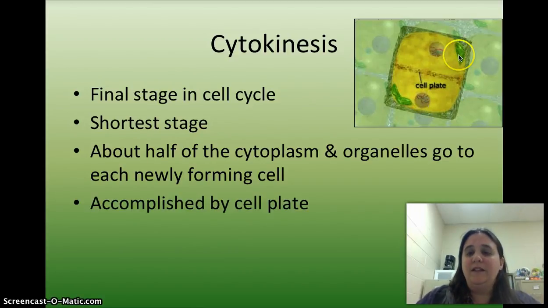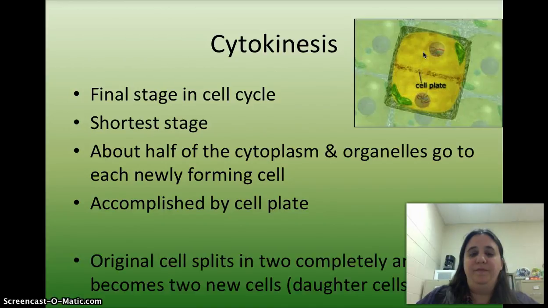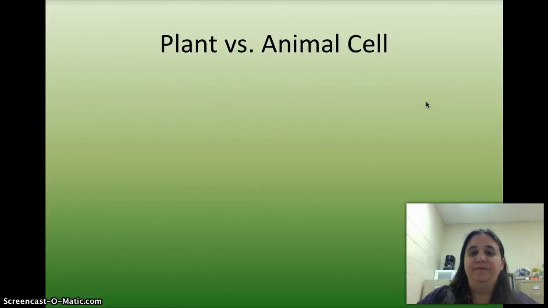And in plants, this is accomplished by this structure right here called the cell plate, which is kind of like a new cell wall. The cell plate starts to form and divides one new cell from the other new cell. Okay. At the end, we end up with two, what we call daughter cells, that are identical to each other.